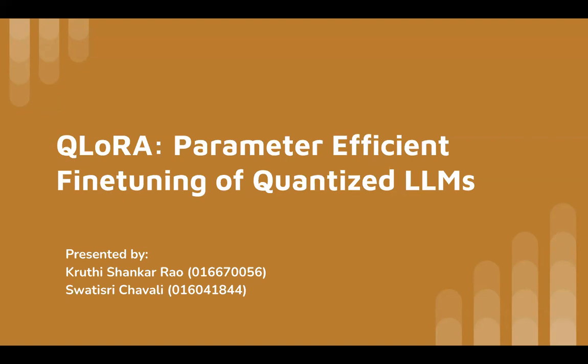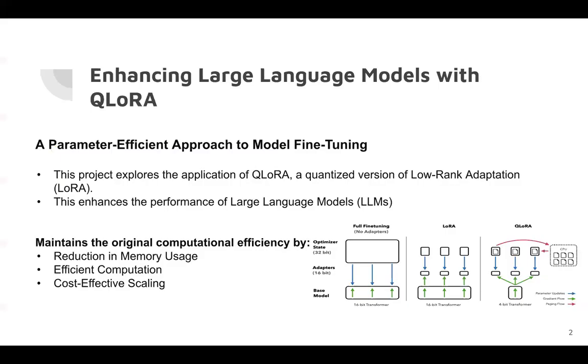And our project is about QLoRA, parameter efficient fine-tuning of quantized LLMs. So we'll talk about enhancing large language models using QLoRA, which is a parameter efficient approach to model fine-tuning.